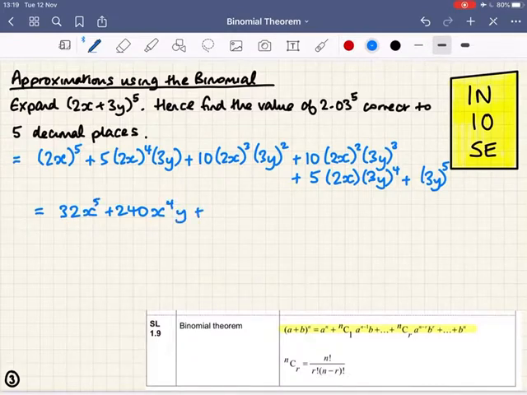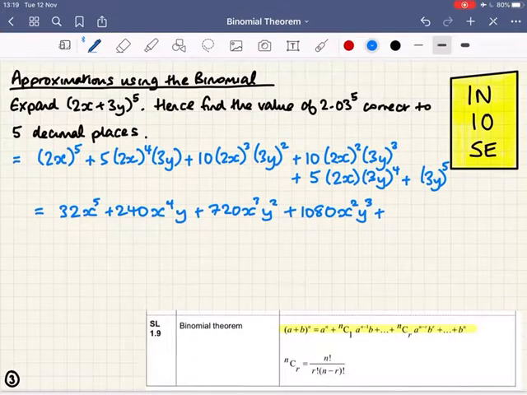And then the third term, 10 times 2 cubed times 3 squared, will give us 720. This is x cubed y squared, and then I've got 10 times 2 squared times 3 cubed, which is 1080, and this is x squared y cubed.